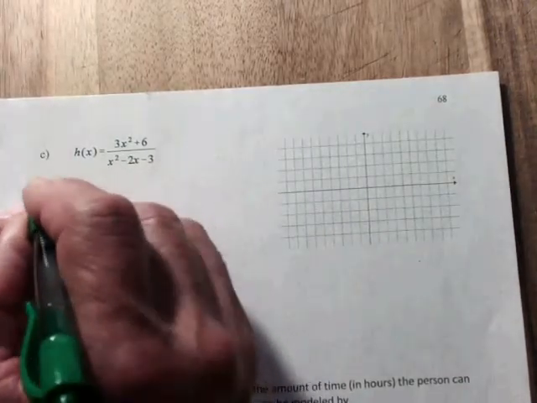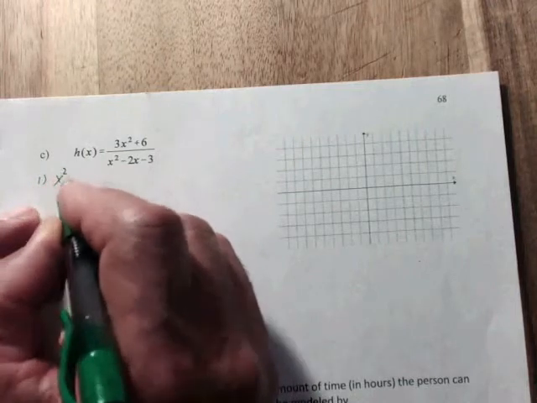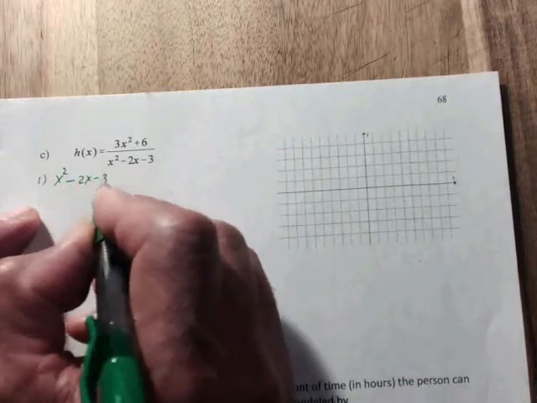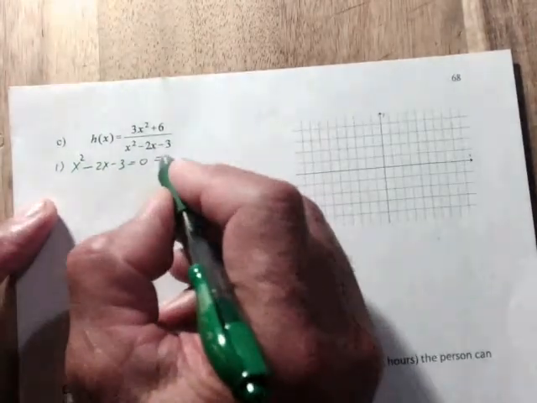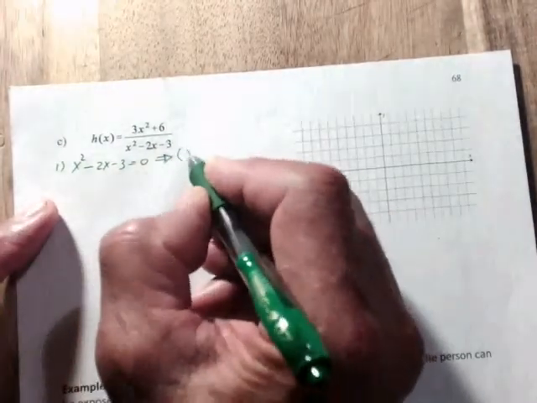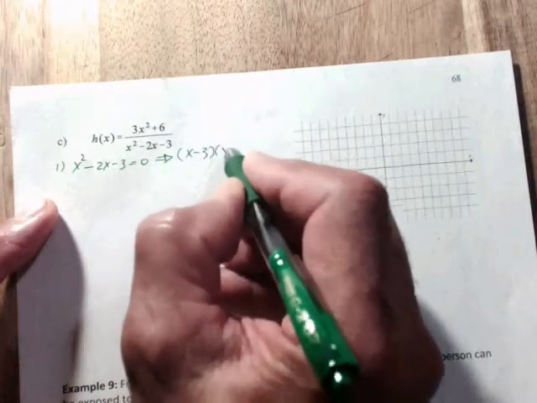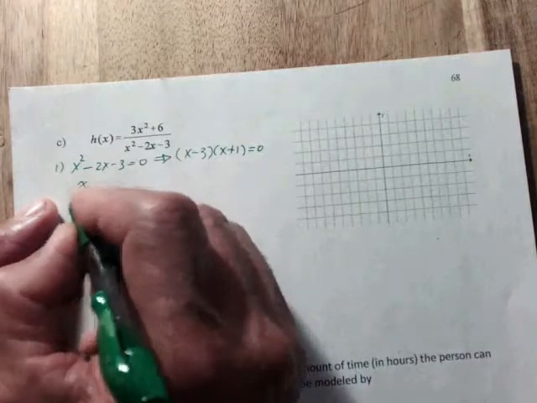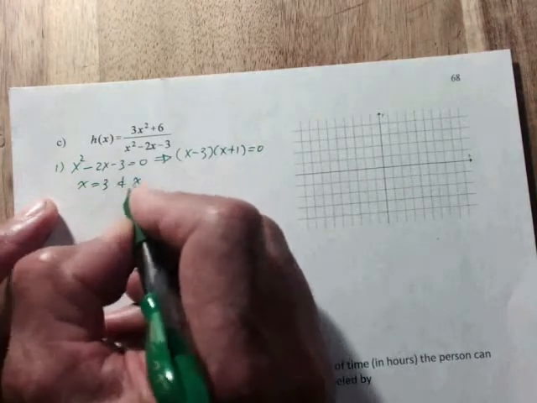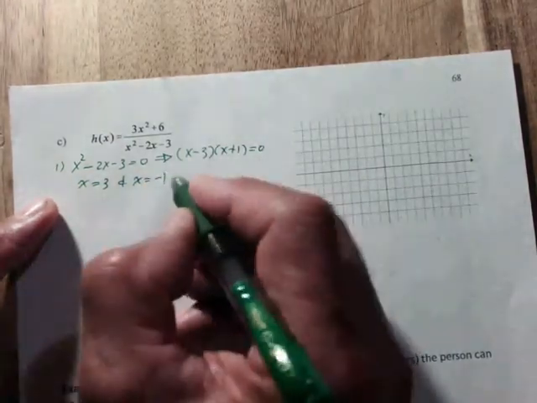Put the denominator equal to 0, x squared minus 2x minus 3 equal to 0. You can factor this. x minus 3, x plus 1 equal to 0. You get x equal to 3 and x equal to minus 1. These are your asymptotes.